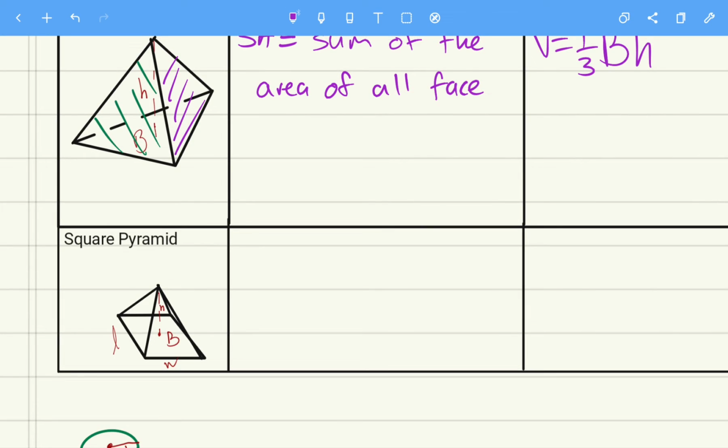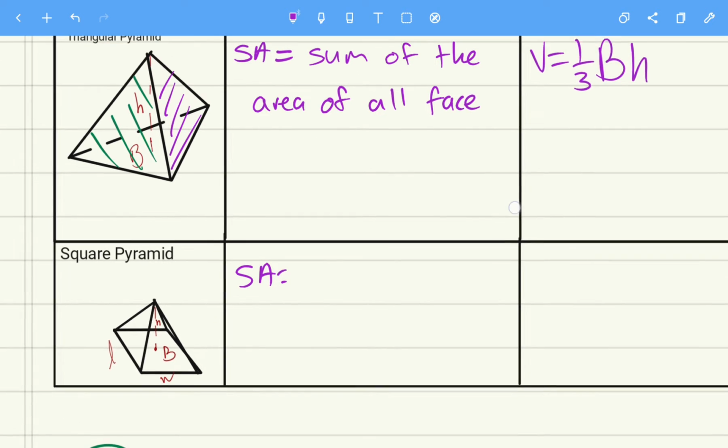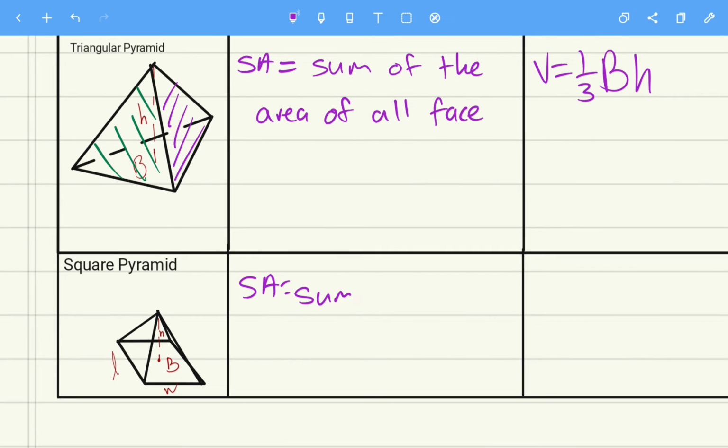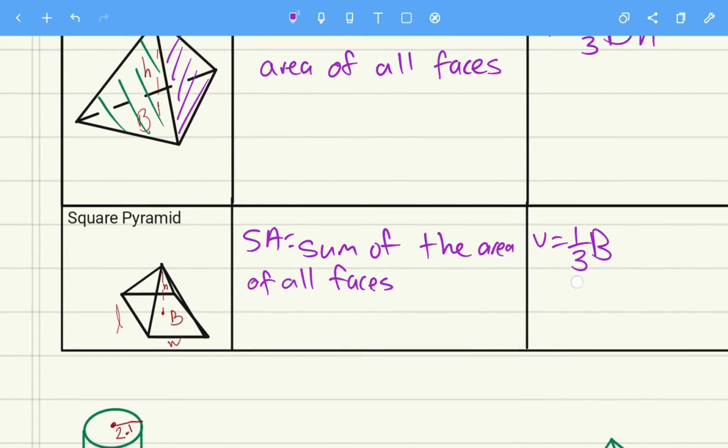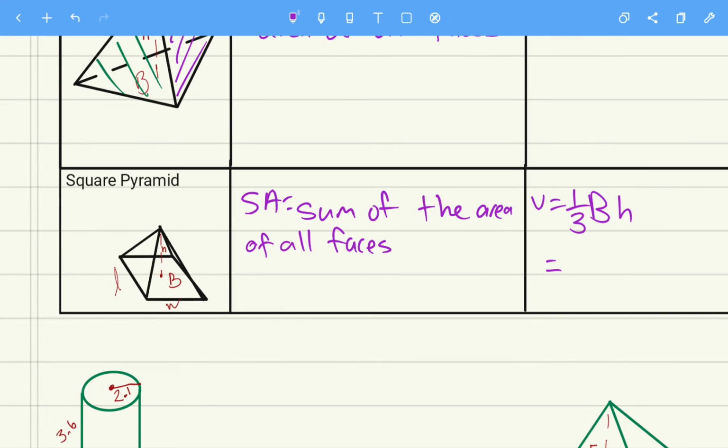And then for a square pyramid, same thing. Surface area is the sum of the area of all faces, and the volume is 1/3 times the area of the bottom base times the height, or 1/3 times length times width times height.